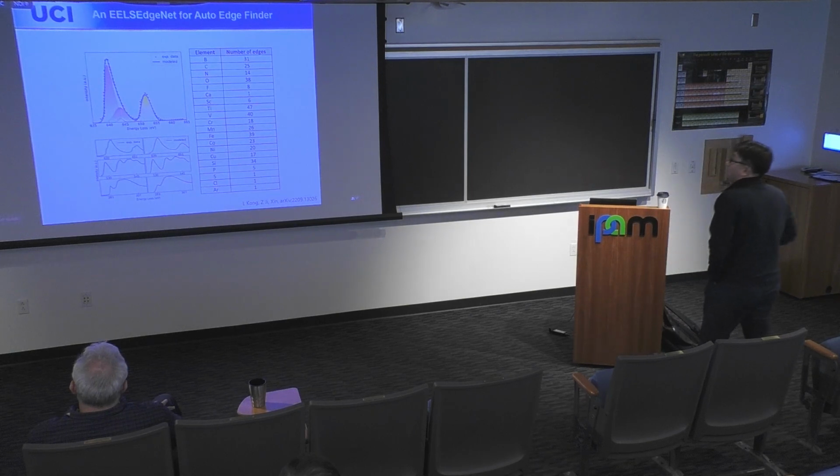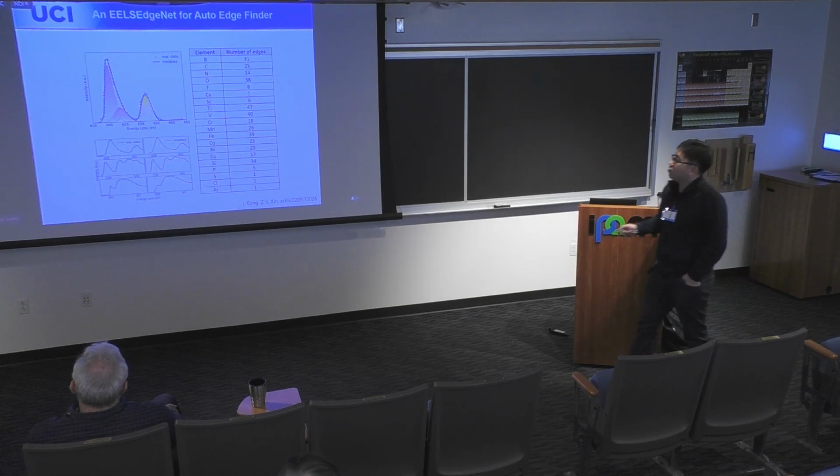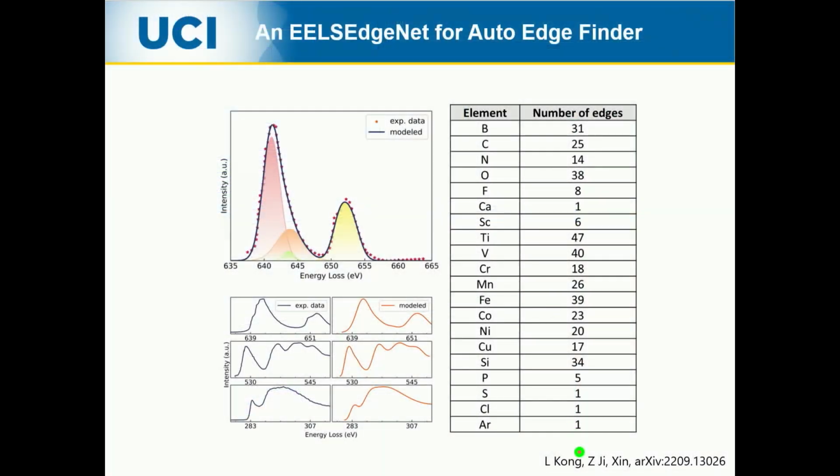Right, so here, again, building a ground truth label, right? So first we digitize, here's how many images we have digitized from the literature, right? And of course, we don't want noise on it, right? So we use a multi-Gaussian fit to actually create a model for all of these edges, for example, silicon, oxygen, carbon, and all that, right?